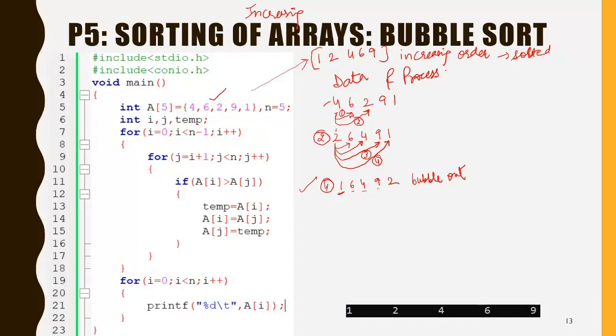So this sorting method is given the name bubble sort because in every iteration, the smallest number, or the place for which we are doing the iteration, at that place the right number appears.